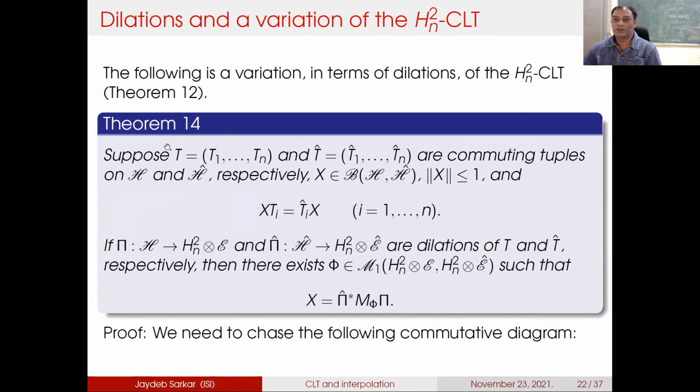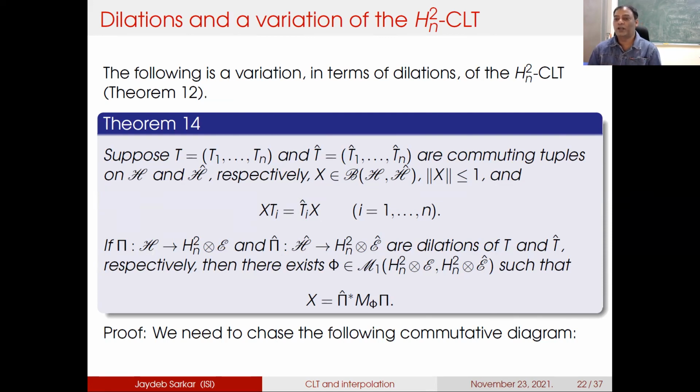And here is the result. Suppose T and T hat are commuting tuples on H and H hat respectively, and assume X is a contraction from H to H hat, and X intertwines your Ti and Ti hat for all i. Also suppose pi from H to H2n tensor E and pi hat from H hat to H2n tensor E hat are dilations of T and T hat respectively.